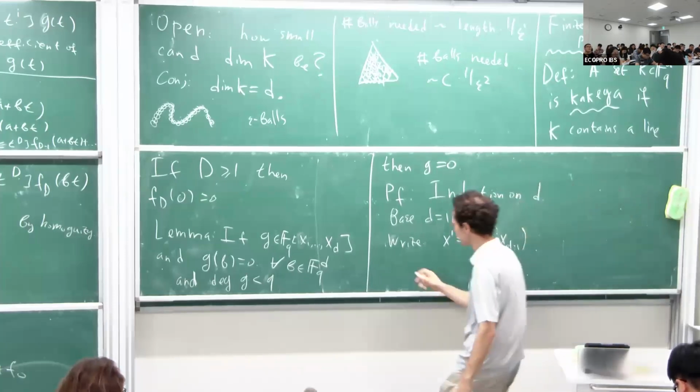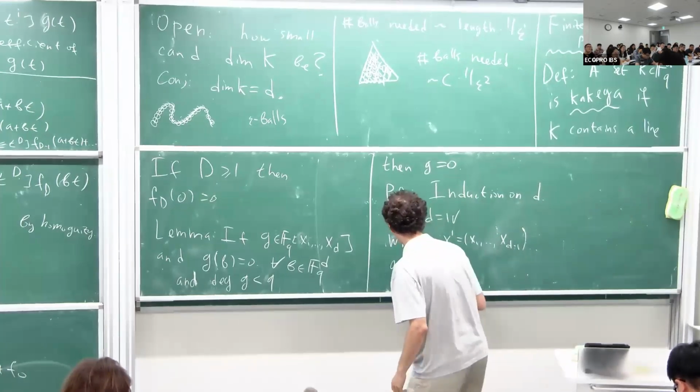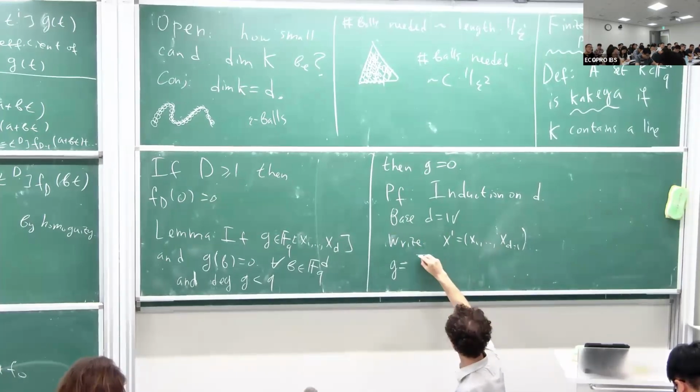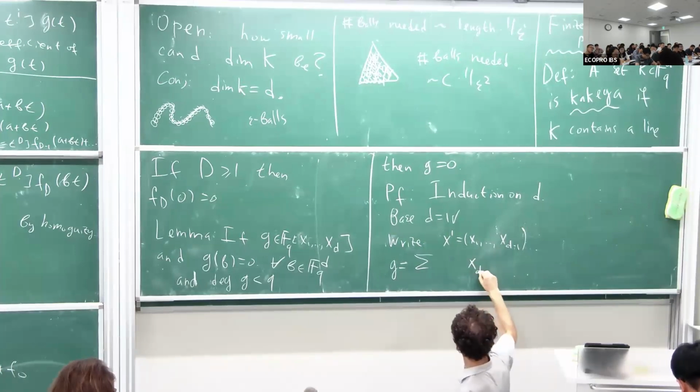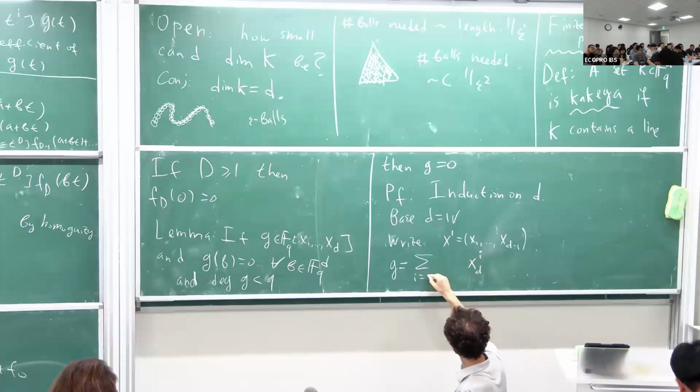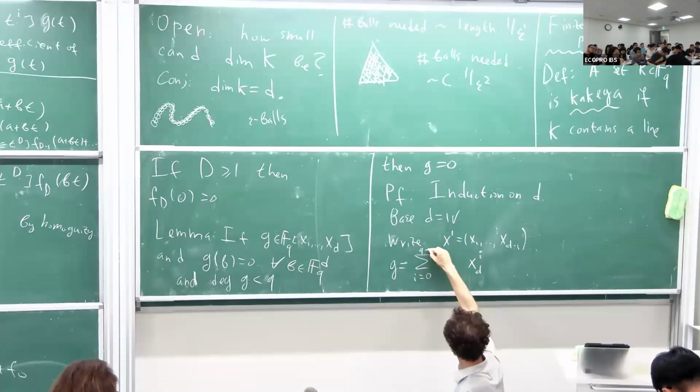I'm going to write my polynomial G as a polynomial in x_d with coefficients in x prime. So this is the sum of x_d to some power i, where i goes from 0 to q minus 1, of some coefficients.